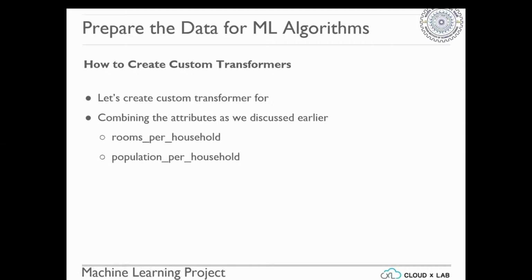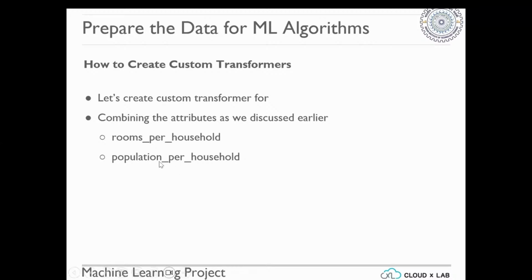Okay. So here we are creating a custom transformer for combining attributes, right? I discussed the examples where we combined multiple attributes to create hybrid attributes, for example rooms per household and population per household. In our data set we have attributes, and we can use those attributes to create custom, hybrid attributes.